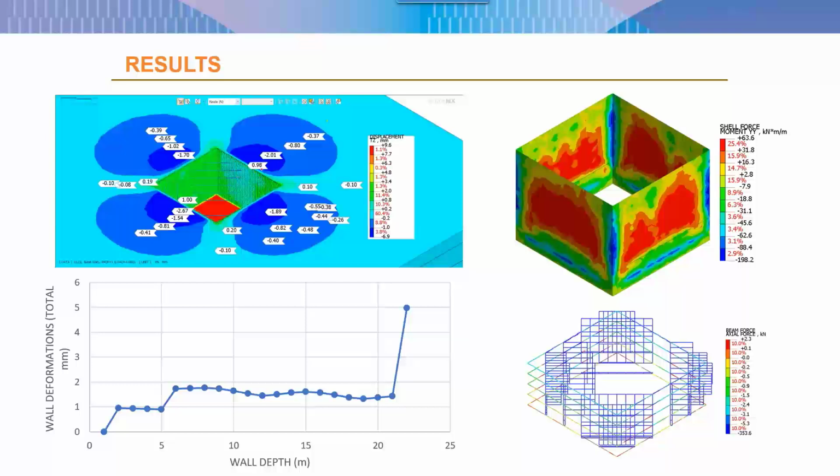So here you can see as we move far away from the excavation, the total settlement is around minus 0.37 mm, minus 0.4, minus 0.10. And the values are in mm.